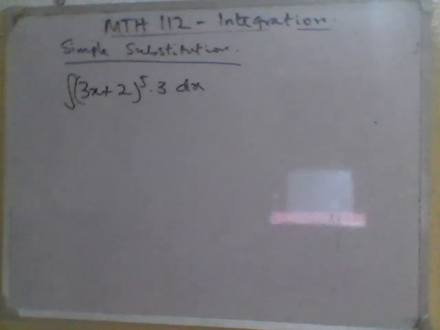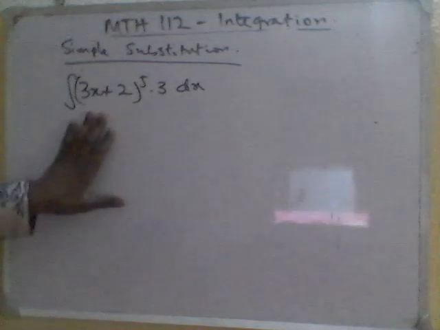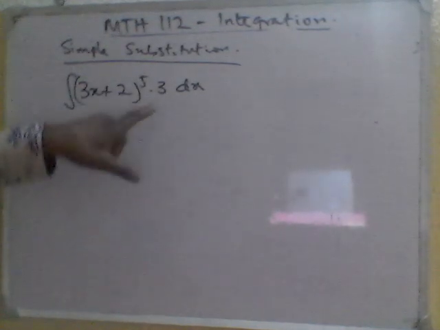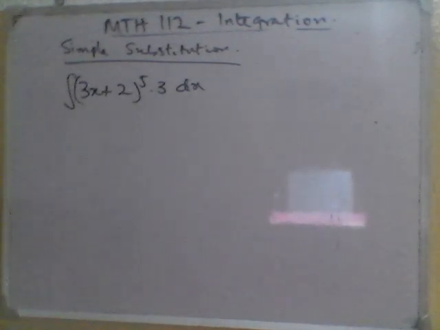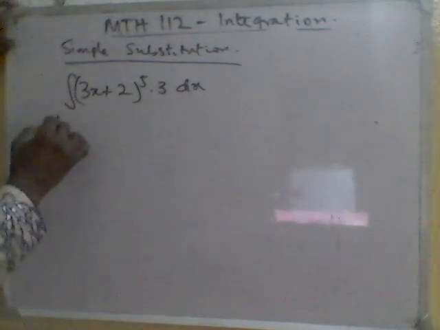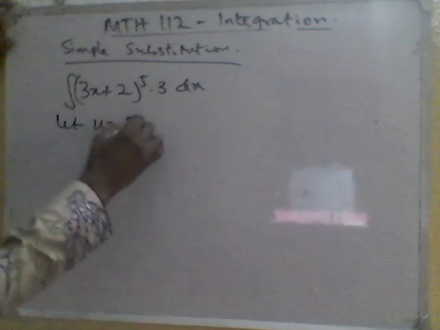Okay, so we have a situation where we have simple substitution. And this question on the board is a composite. This is like the reverse of the chain rule, where we say let u be g of x.